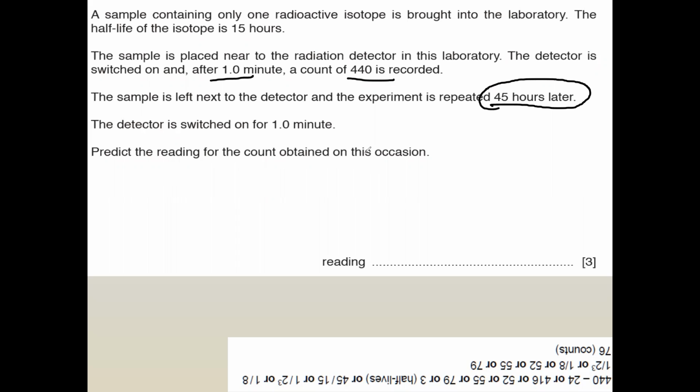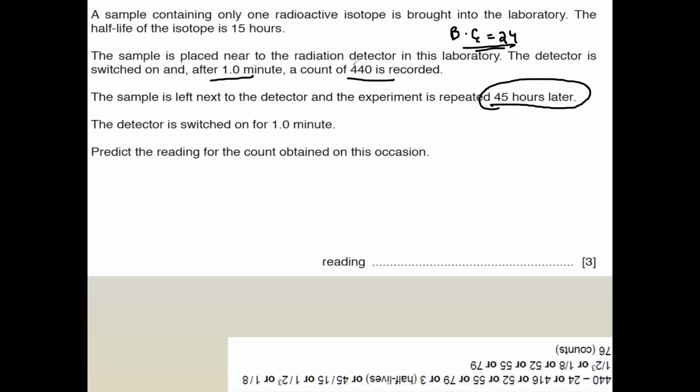So how can we predict the reading on this occasion? In this question, remember, the background radiation from the surrounding is 24. That was in the previous part, but I did not include it in the question.